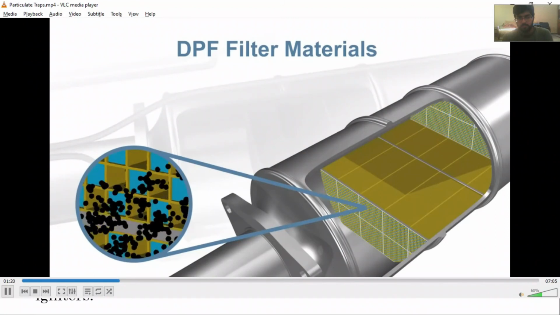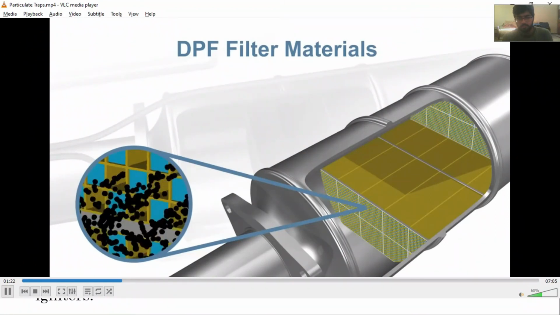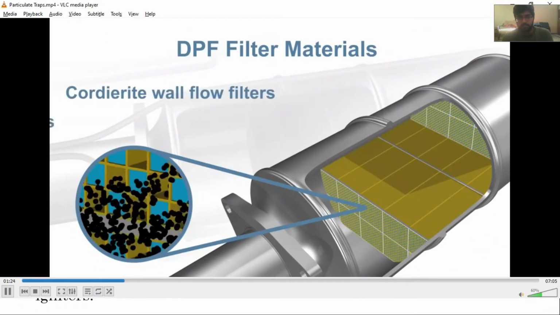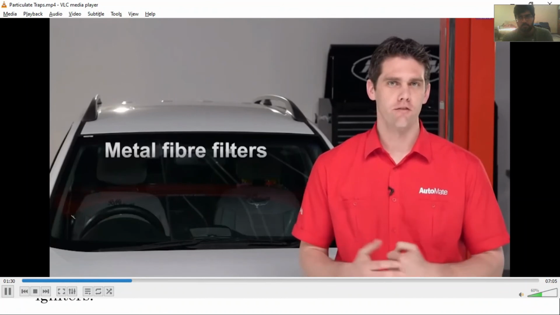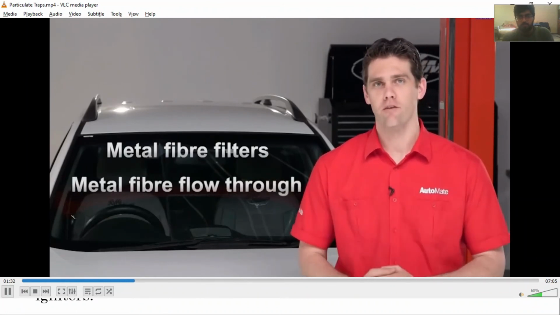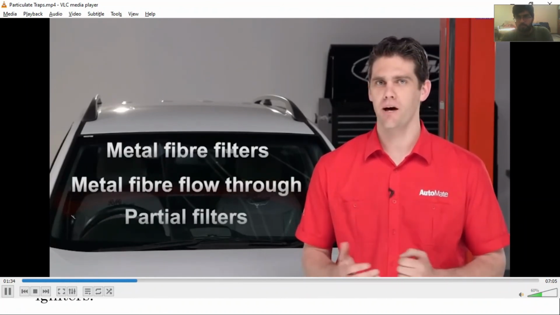The most common materials used within a DPF are cordierite wall flow filters or silicon carbide wall flow filters. Other materials can include metal fibre filters, metal fibre flow-through filters and partial filters. Common rail diesel engines fitted with a DPF require a special low ash oil.